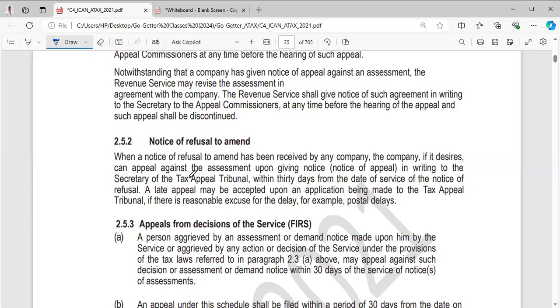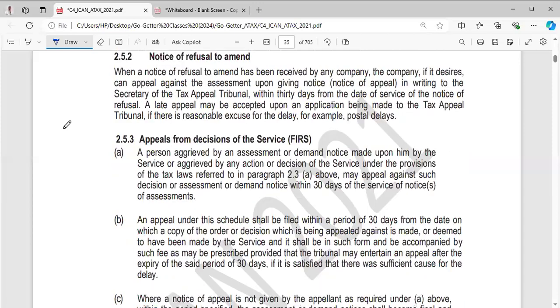Appeals from decision of the service. A person aggrieved by an assessment or demand notice made upon him by the FRS, or aggrieved by any action or decision of the service, may appeal against such a decision or assessment within 30 days.